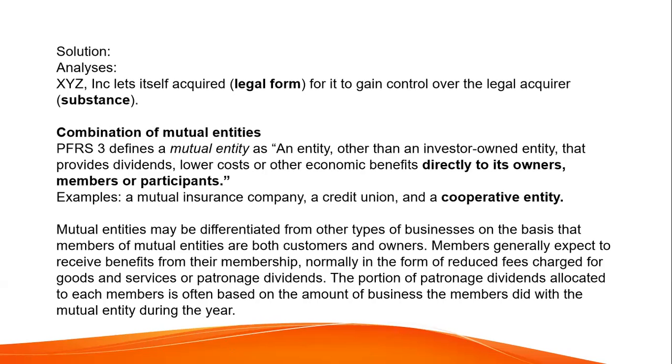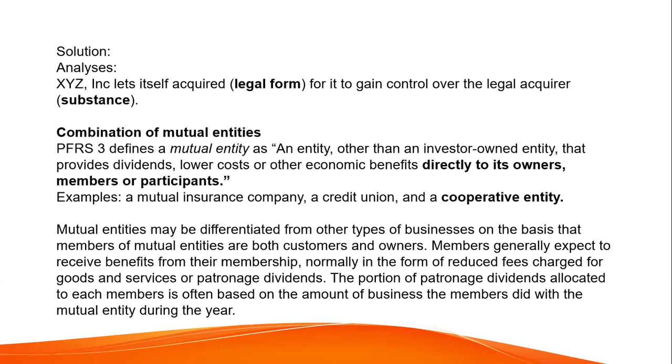In the legal form of the agreement, XYZ lets itself be acquired. ABC Company, as stated, issues 40,000 ordinary shares to XYZ Incorporated's shareholders in exchange for all of XYZ Incorporated's 8,000 outstanding shares.